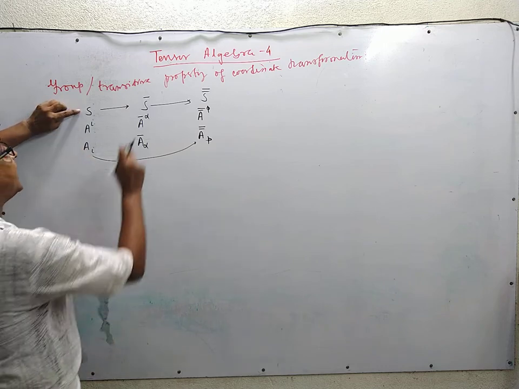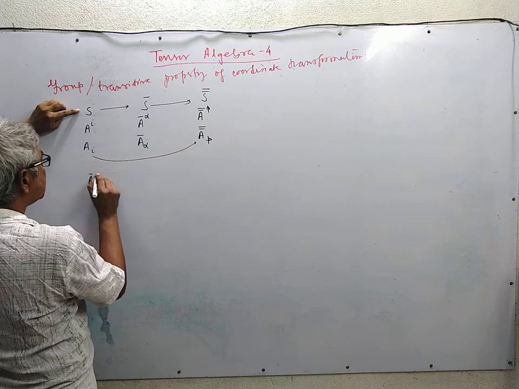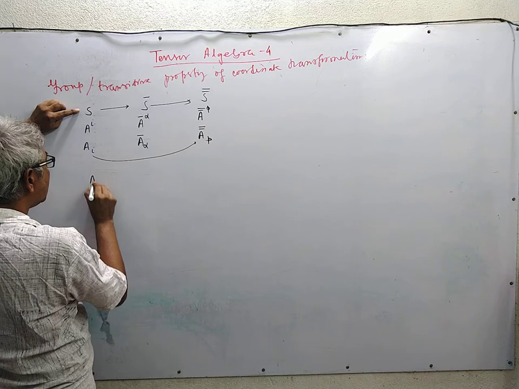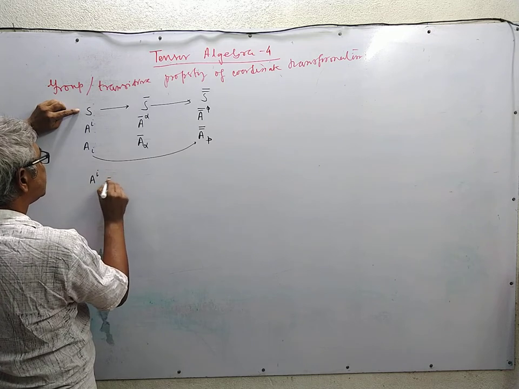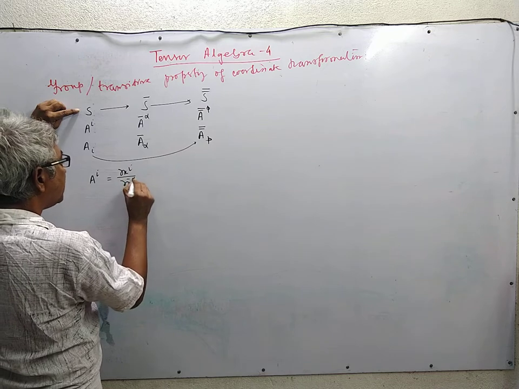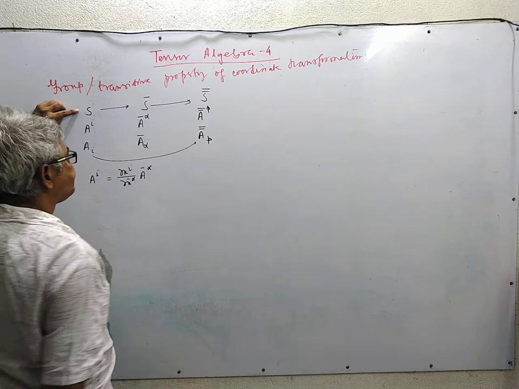Let me first write the components. A i is equal to del x i del x bar alpha A bar alpha.